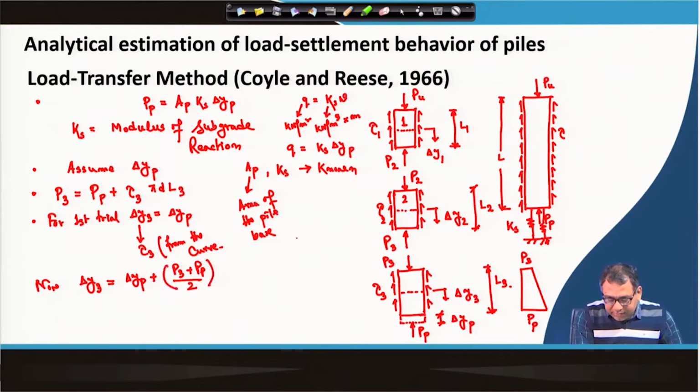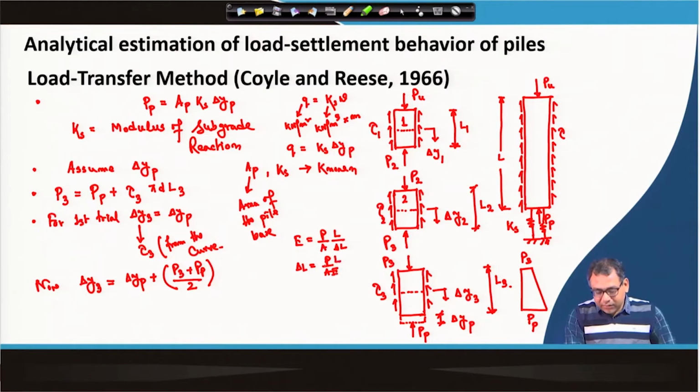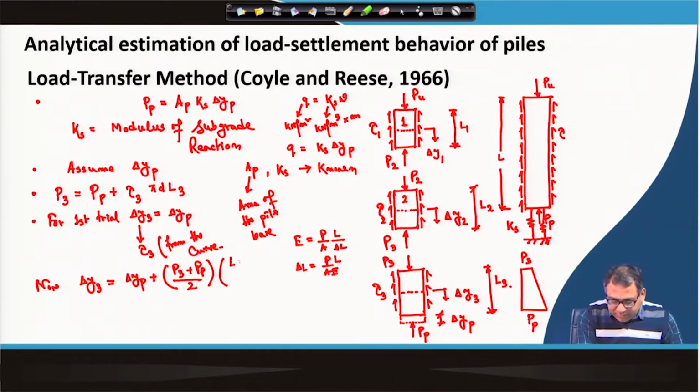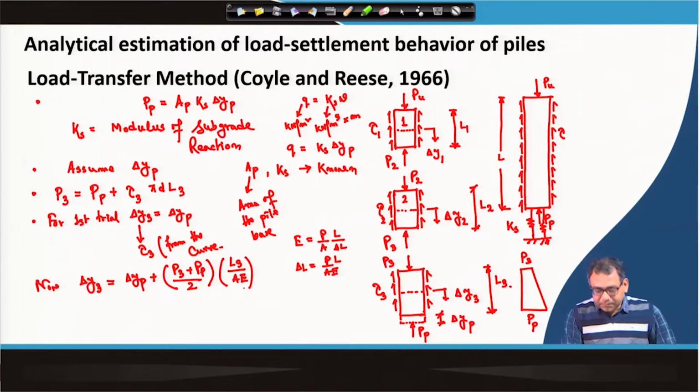We know that E is equal to P by A into L by del L. So, del L is equal to P L by A E. Here P is this average P, L will be L 3, and A is the area of the pile at element 3, and E is the elastic modulus of the pile.